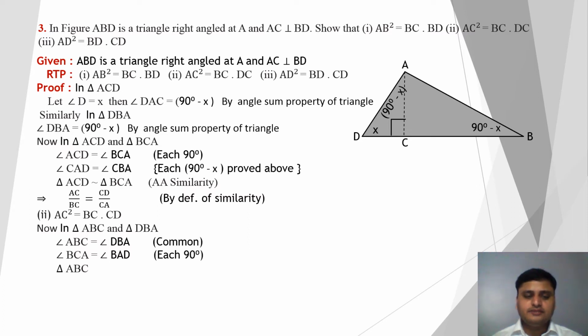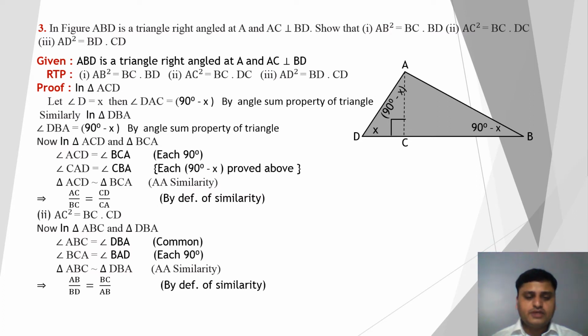So triangle ABC is similar to triangle DBA by angle similarity. And if triangles are similar, then their corresponding side ratios are in proportion. That is, AB by BD is equal to BC by AB by the definition of similarity.